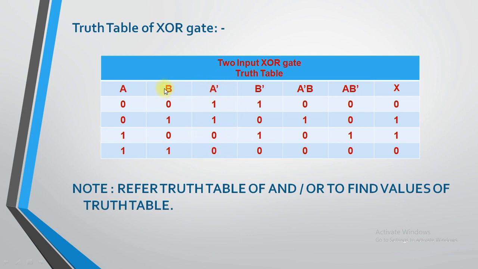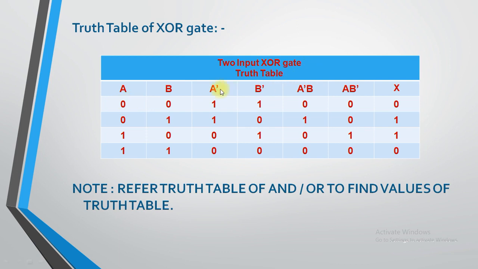Now see, consider the column B. Inside that you have the value of B 0, 1, 0, 1. So when you find B dash, you will get 1, 0, 1, 0. So this is the NOT gate or inverted gate we have used. Instead of 0, you just need to replace the value with 1.